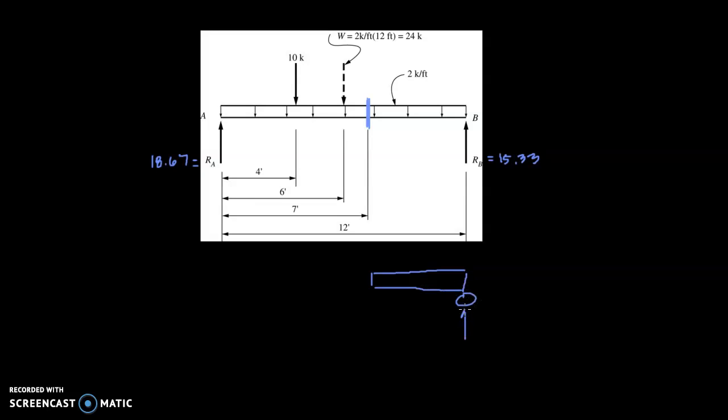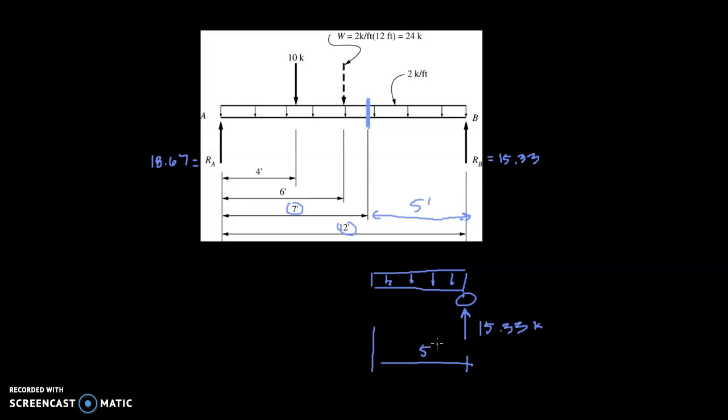And so I've got the reaction force going up of 15.33 kips. These are kips we're dealing with. And I've got this distributed load of 2 kips per foot. The span length of just this right half, because this is 7 feet over and the total span is 12, so this distance is 5 feet.